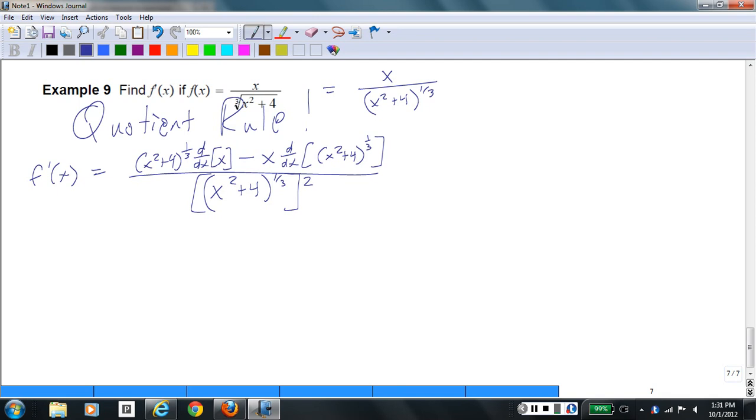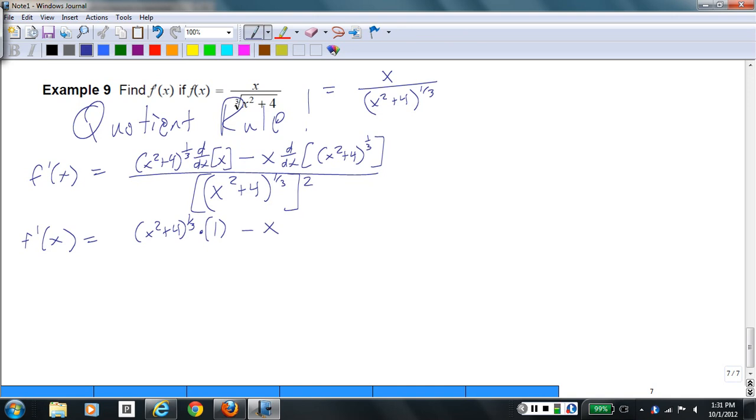So we take the necessary derivatives. F prime of x equals, okay, the derivative of x is 1. I could write the 1 or just kind of notice that it vanishes since we're multiplying by 1. Should I write the 1? It won't hurt to write the 1. X squared plus 4 to the 1/3 times 1 minus x times, okay, chain rule time.